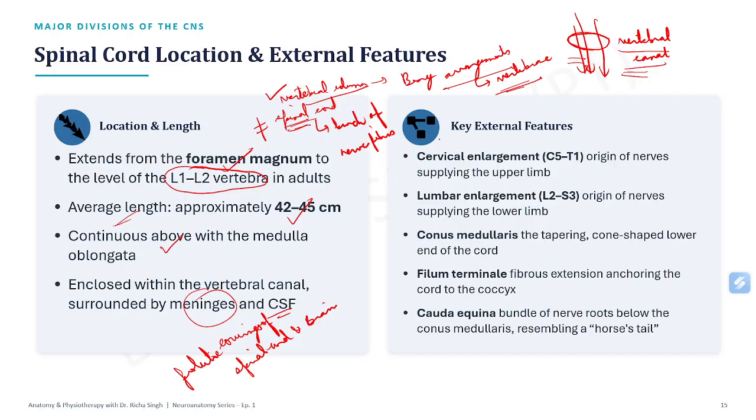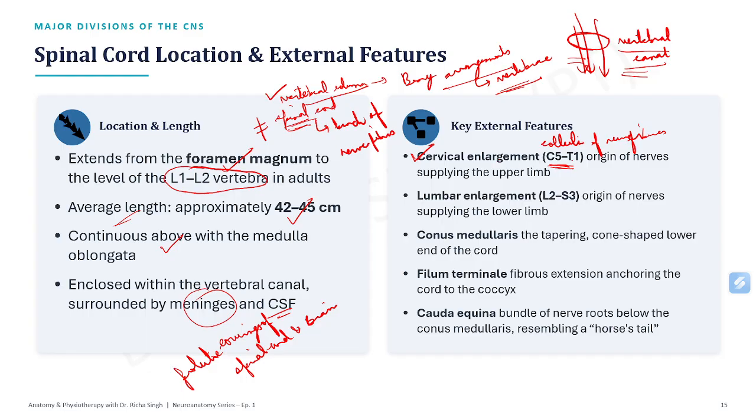What are the key external features of the spinal cord? There is a section in the spinal cord that is called the cervical enlargement. Cervical enlargement is present at the level of C5 to T1. Why is it called an enlargement? Because this is an area of collection of nerve fibers which makes it appear a little larger in size as compared to the entire spinal cord.